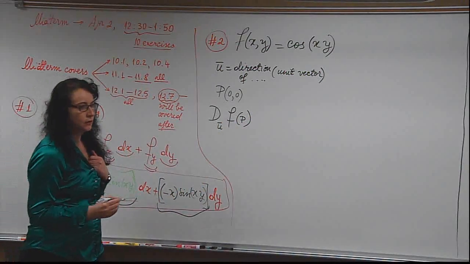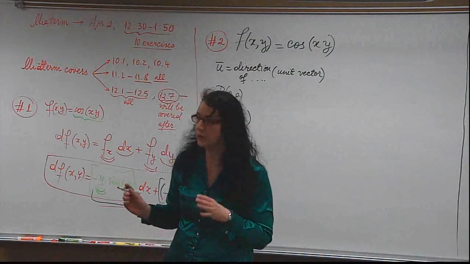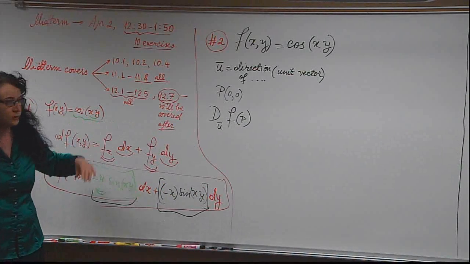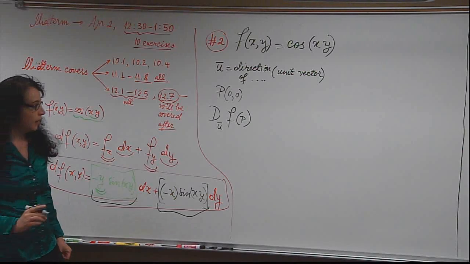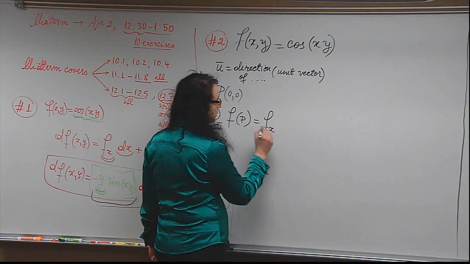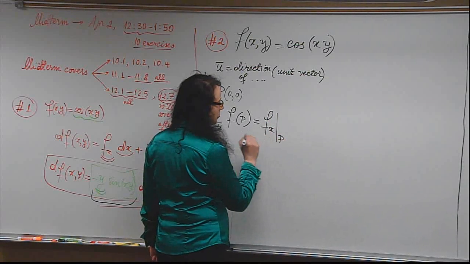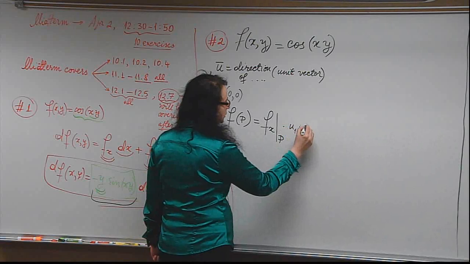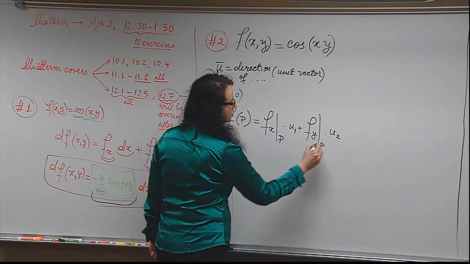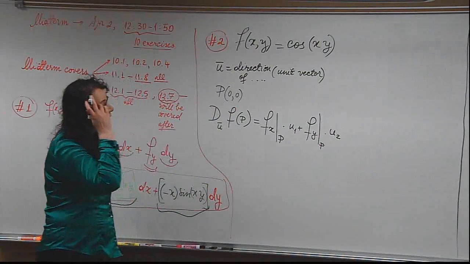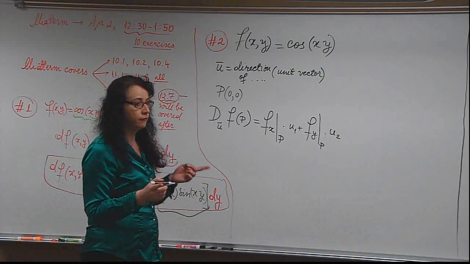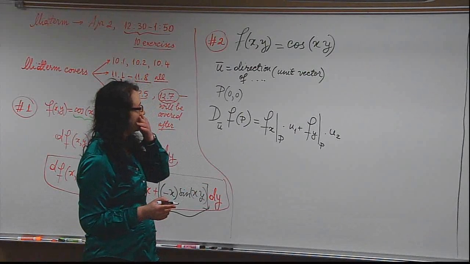You can write the definition with a limit, and that's going to be an expression eating up all your space. But that's not what I mean. I mean that you have to know the theorem that says this is the partial derivative with respect to x measured at the point P times u1 plus the partial derivative with respect to y measured at the point P times u2, where u1 and u2 are the components of your unit vector that we talked about before.